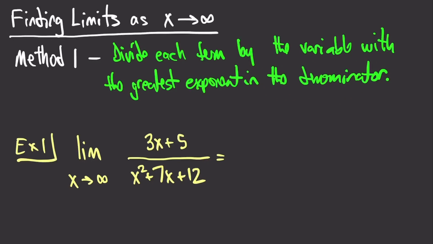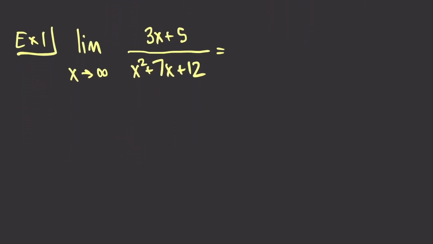So in our first example here, I'm going to look at this expression. I want to take the limit as x approaches infinity. I'm going to take a look at my denominator and the variable that's got the greatest exponent. So that's going to be this x squared. So now I'm going to take that expression, and down here I'm going to divide each one of those terms by the x squared.